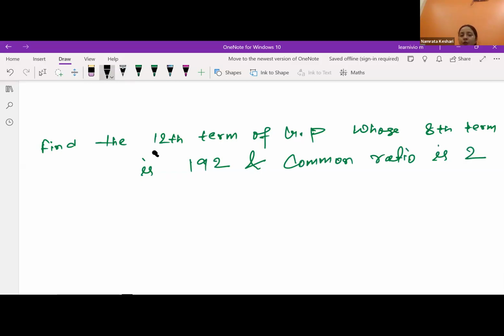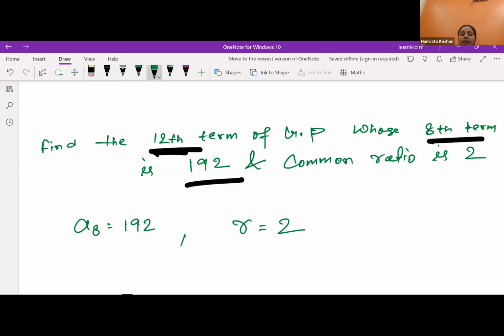You have to find the 12th term. 8th term is already given. That means A8 is already given to you as 192 and common ratio R is also given to you as 2. A8, what is the formula for A8?